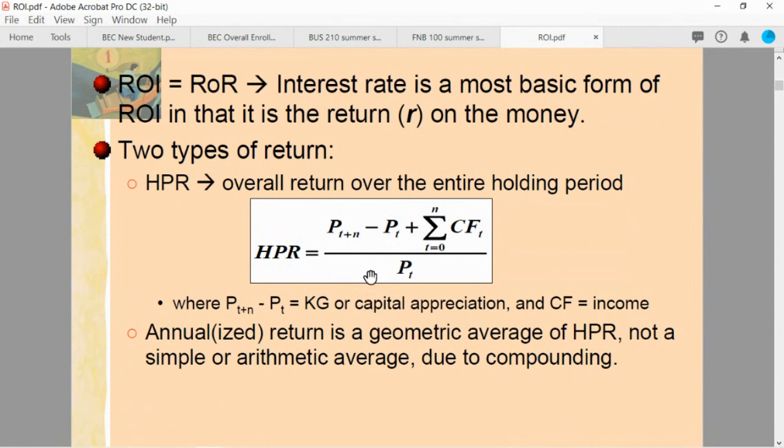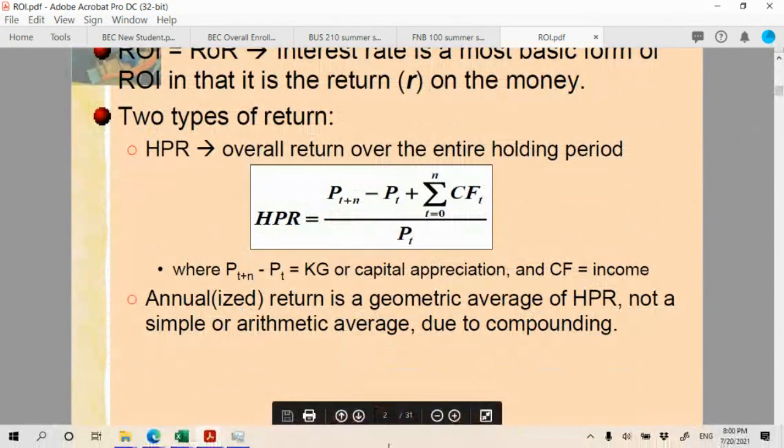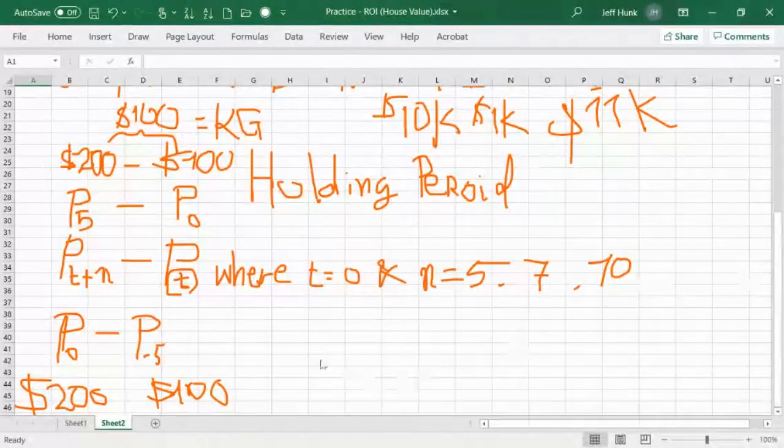But capital loss can still be, okay. So let me put that formula here.